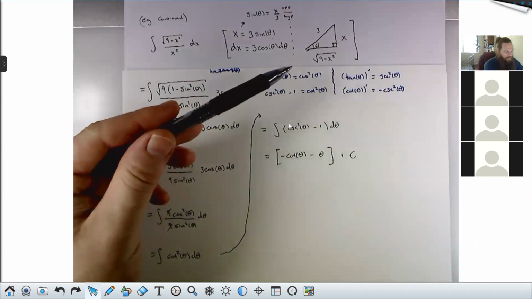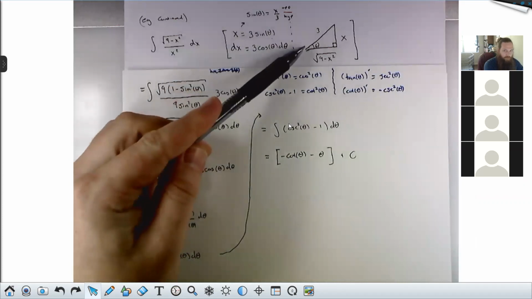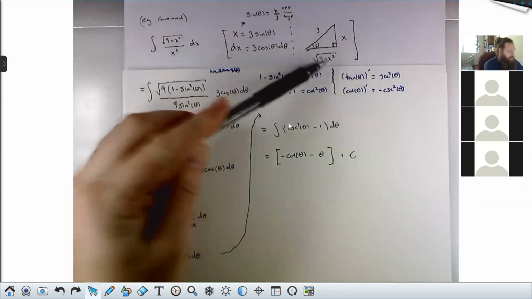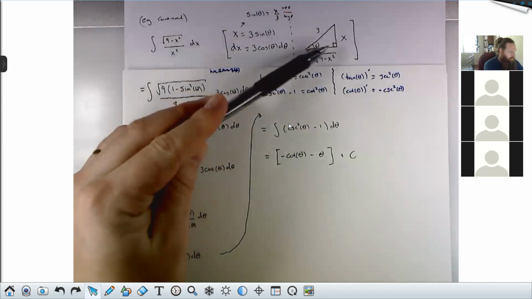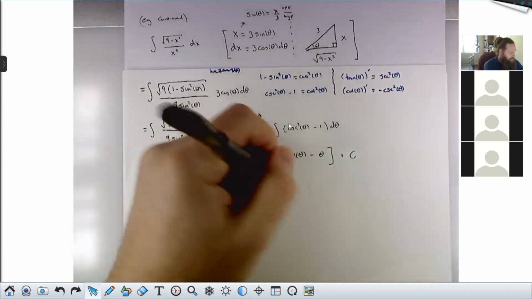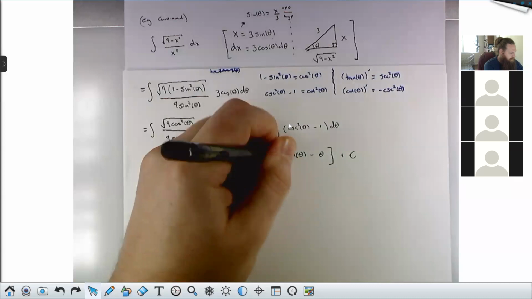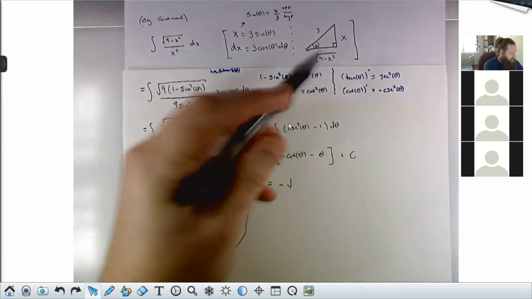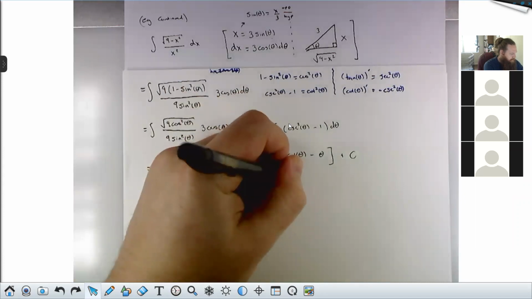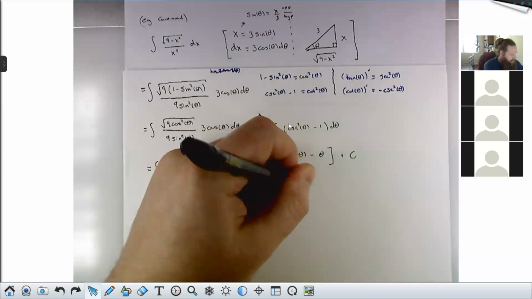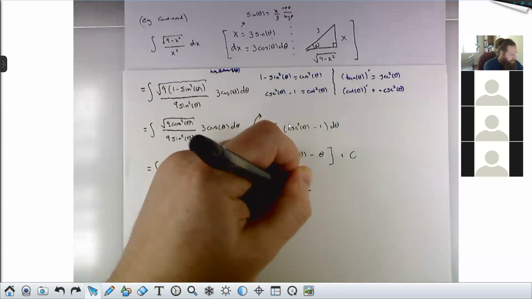The cotangent of theta can be read off from this triangle, right? Tangent is opposite over adjacent, so cotangent is adjacent over opposite. That's negative cotangent, that negative is this negative. Opposite over adjacent would be x over the square root, so adjacent over opposite is the square root over the x.